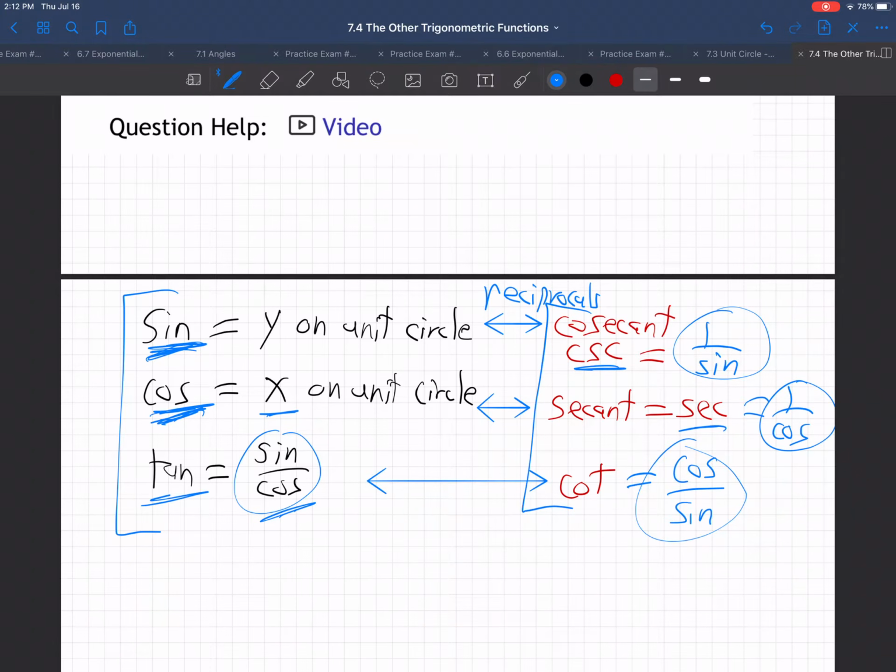Really, all of trigonometry is about sine and cosine, because the sine is the y value on the unit circle, and the cosine is the x value, and all the other trig functions are just made out of sine and cosine. They're just Johnny-come-latelys. They're not originals, right? Tangent is sine over cosine, cosecant is upside down of sine, secant is upside down of cosine, and cotangent is upside down of tangent, meaning it's cosine over sine. So there's only two originals, sine and cosine. The other four come from sine and cosine.